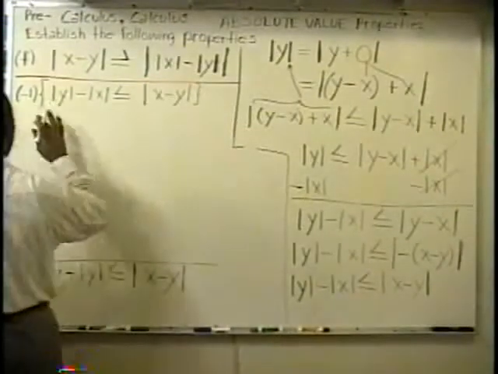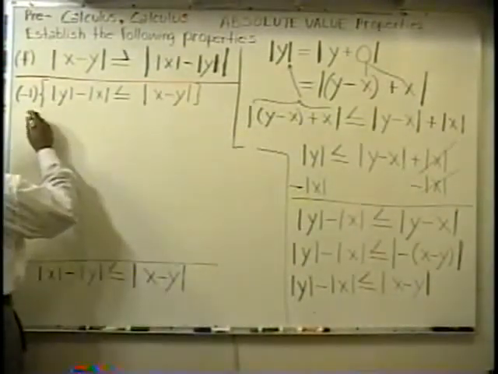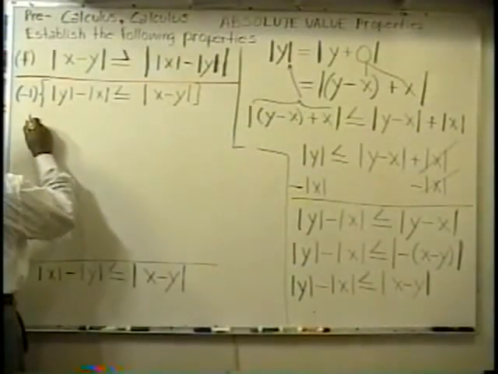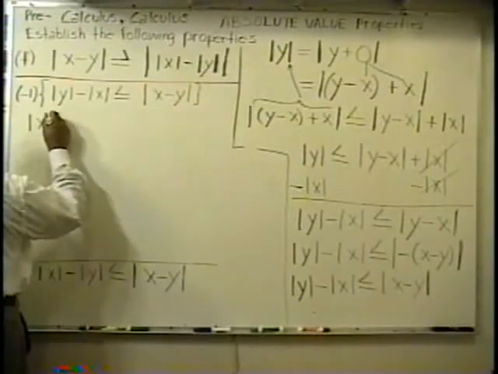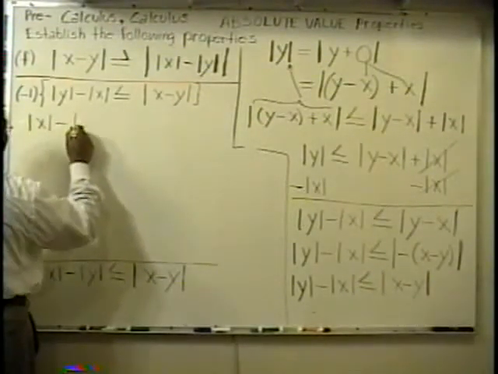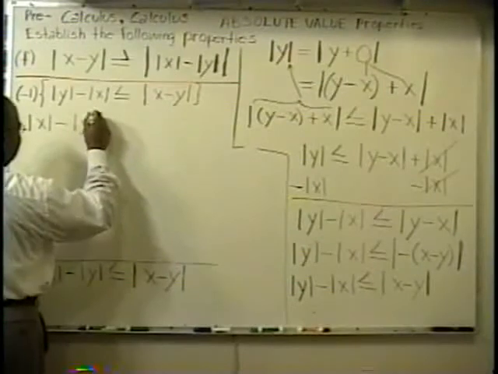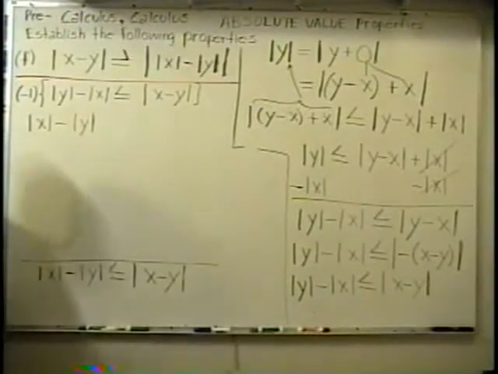Let's go ahead and show that. Everything here changes sign. So now I have the absolute value of x minus the absolute value of y. Okay, that traded places.